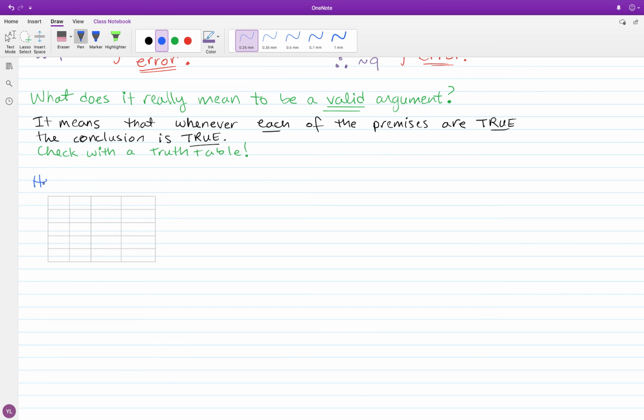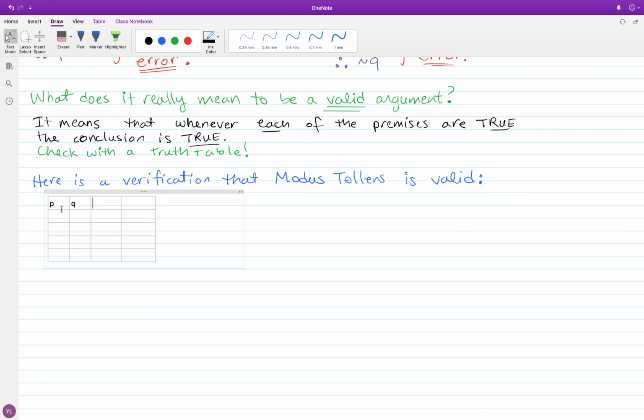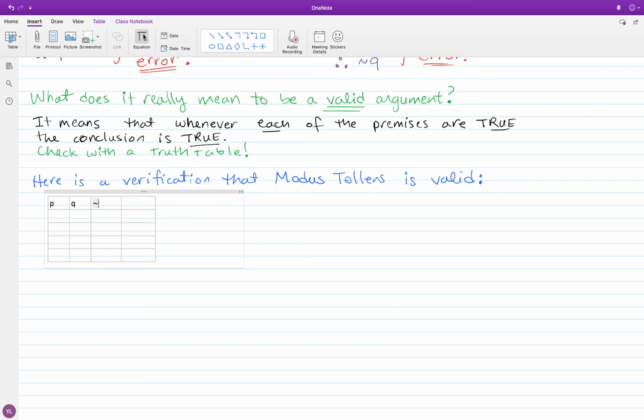All right, let's take a look at using a truth table to verify that the valid argument form of modus tollens is valid. So I'm going to need two predicates P and Q, so I'm just going to set up a truth table for that.